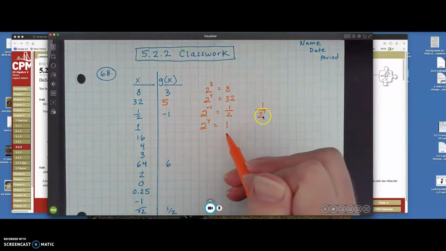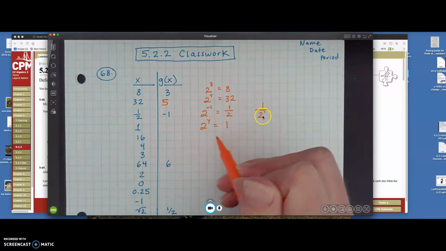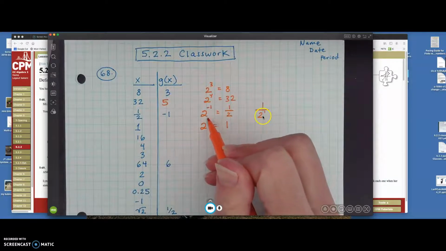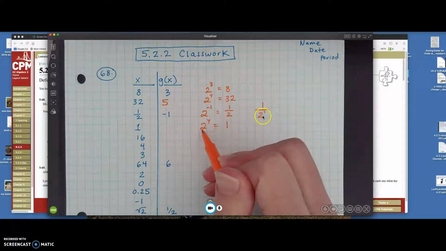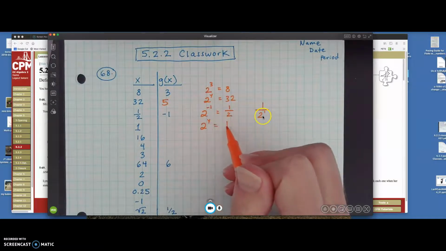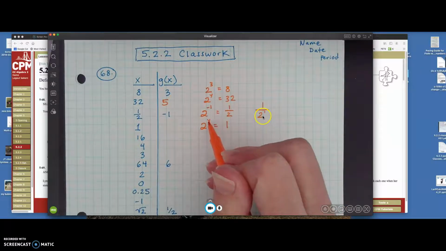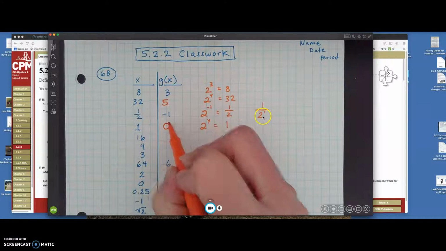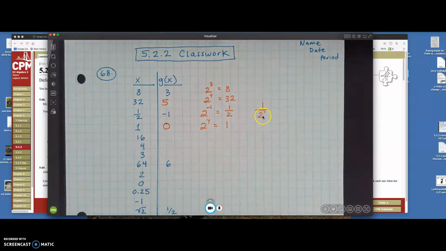Hopefully you remember that there is a special case where whenever the exponent is 0, it doesn't matter what the base is, the base could be 1,000,000 to the 0 power, and it'll still equal 1. So this one is more intuitive if you remember that anything to the 0 power equals 1.